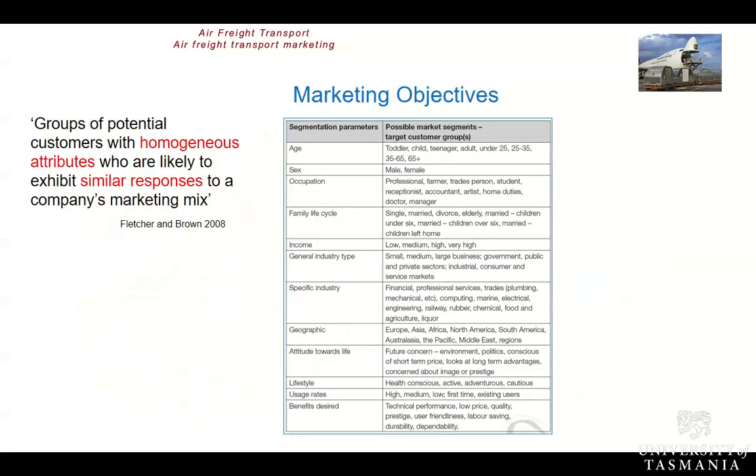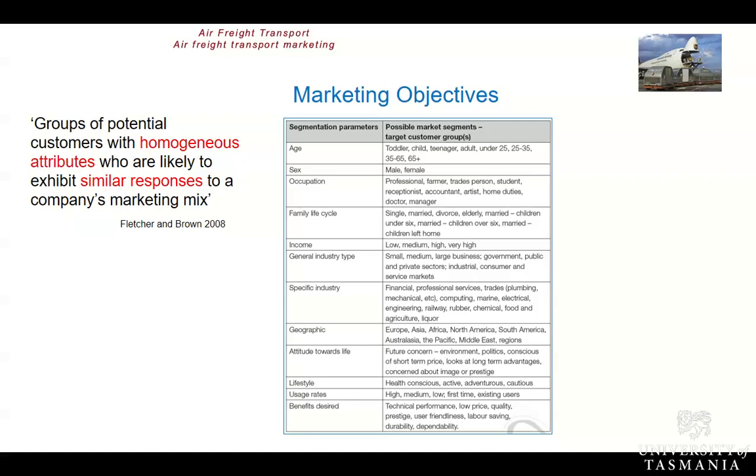Now, on to segmentation. When it comes to segmentation, that is a definition: groups of potential customers with homogeneous attributes who are likely to exhibit similar responses to a company's marketing mix.